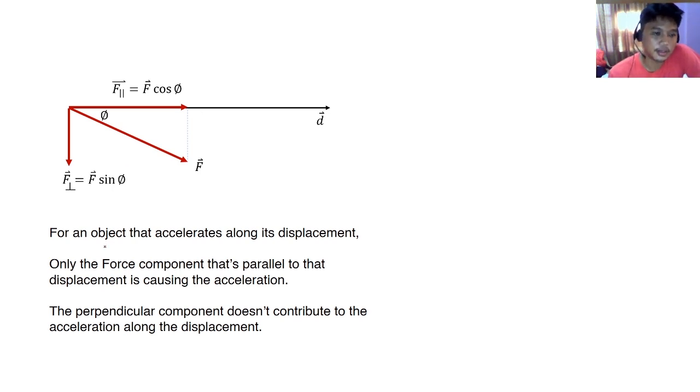So what did I write here? For an object that accelerates along its displacement, only the force component that's parallel to that displacement is causing the acceleration. So if you want an object to accelerate in the same direction as its displacement, there must be a force, at least a component of that force, that is parallel to the displacement or is in the same direction as that displacement.